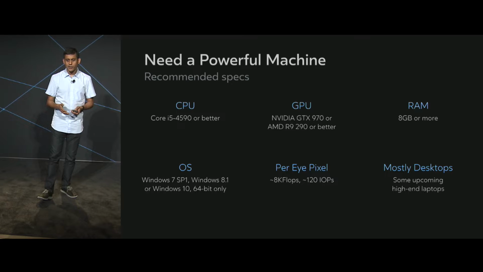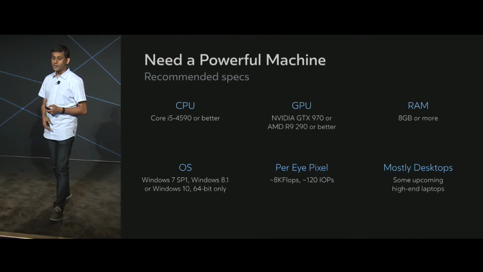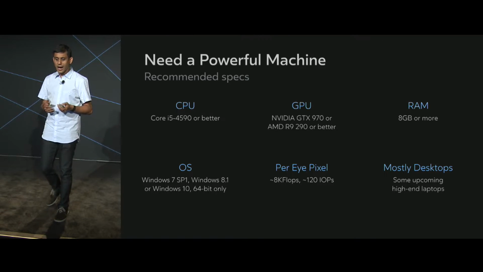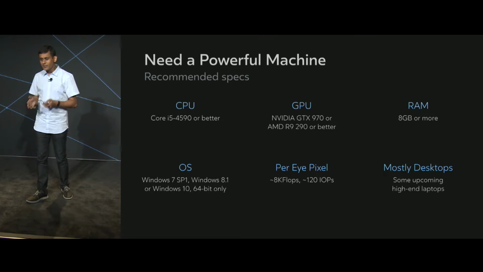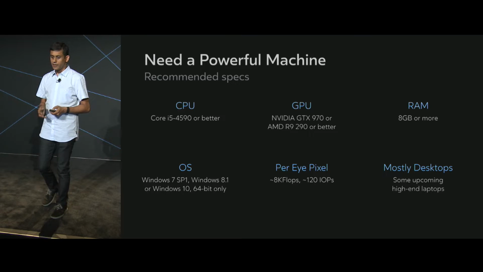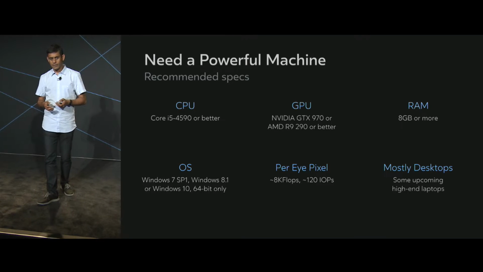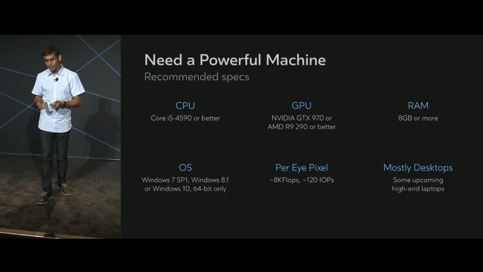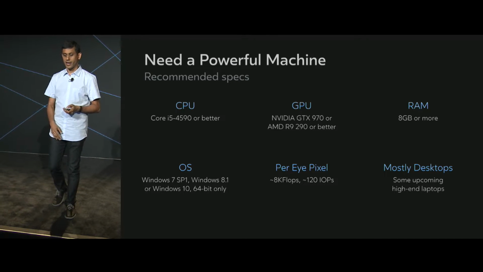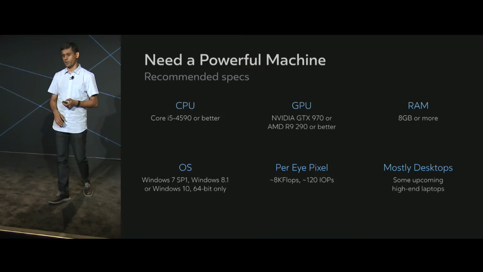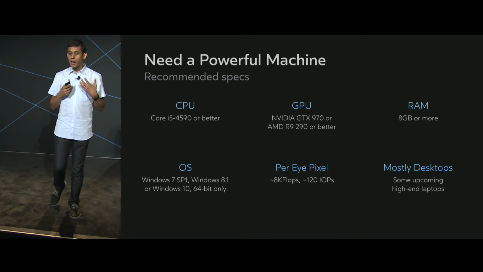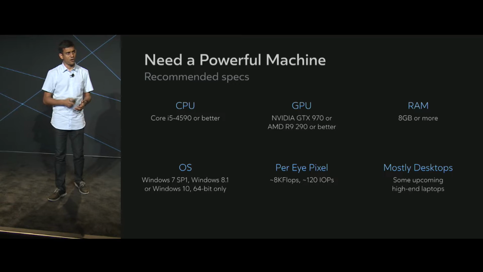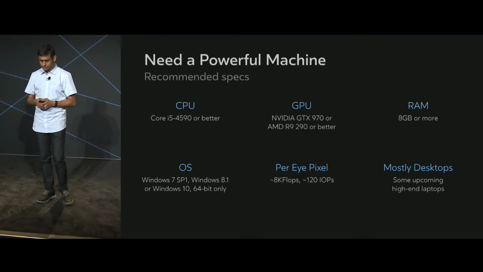With this in mind, we came up with a set of recommended specifications that is a pretty high-end machine spec. This ensures that users have a great PC when they attempt to run VR. It also enables developers to have a great baseline to target and know what to optimize for. And that allows them to have a high chance of getting really great performance for VR.